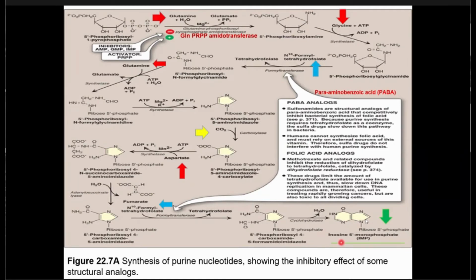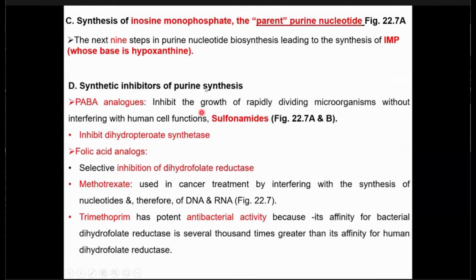This is the parent of purine synthesis. So be aware about this point. It's very important in the future. So the inosine monophosphate is the parent of purine nucleotide.